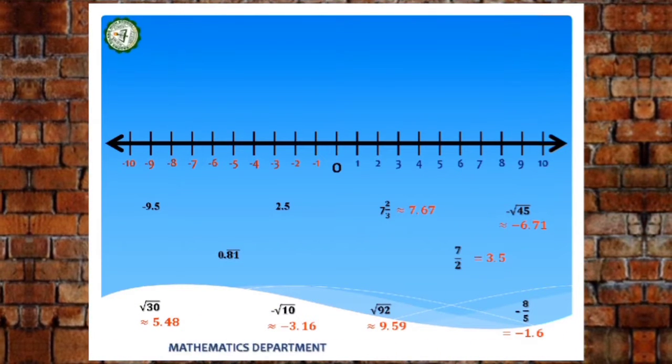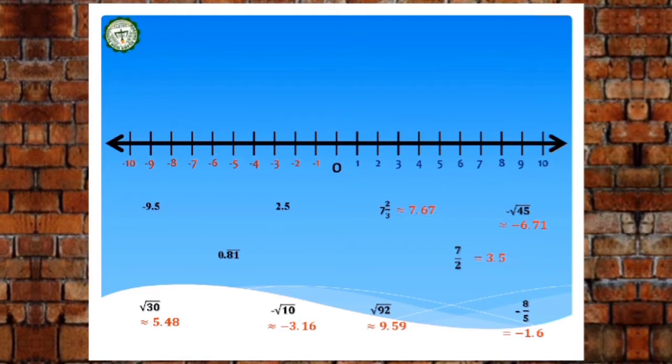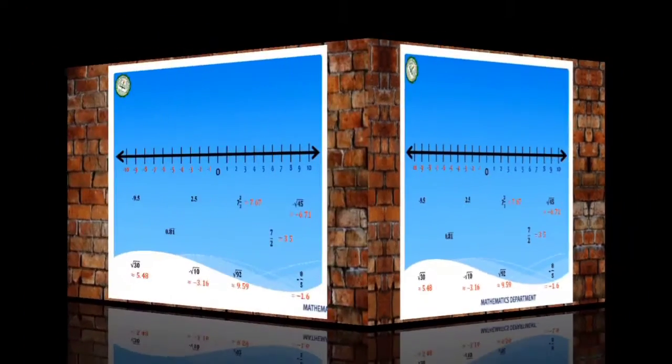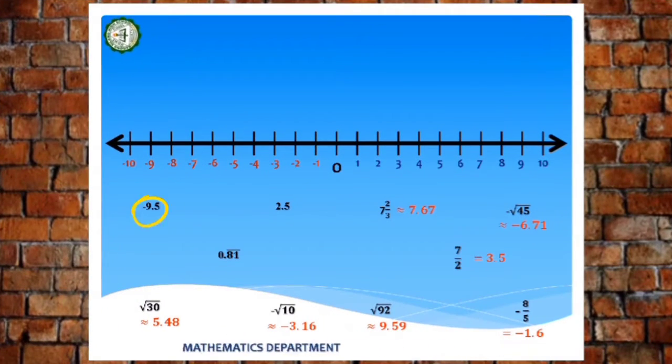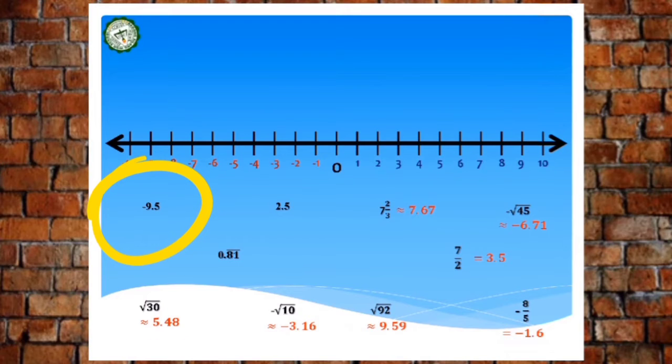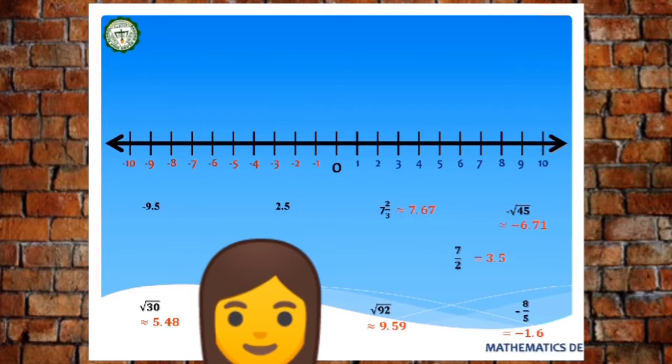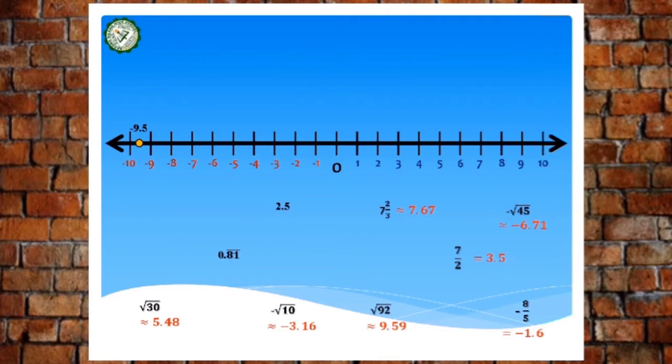We can now easily locate those numbers on the number line. Let us begin with negative 9.5. Where can we locate negative 9.5 on the number line? Yes, Luisa? Sir, it's between negative 9 and negative 10. Very good, you're correct. How about 2.5?